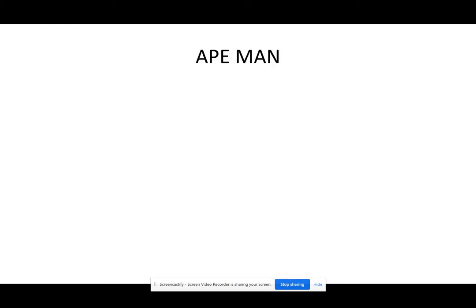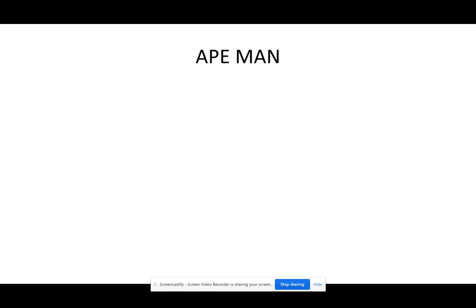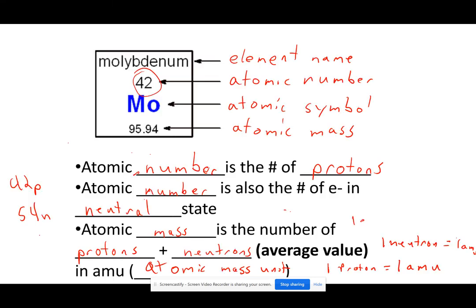Let me just say one quick thing about atomic mass units. A proton, one proton, has a mass of 1 AMU, or 1 atomic mass unit. 1 neutron weighs about 1 AMU, atomic mass unit. 1 electron, its mass is very close to 0 AMUs.